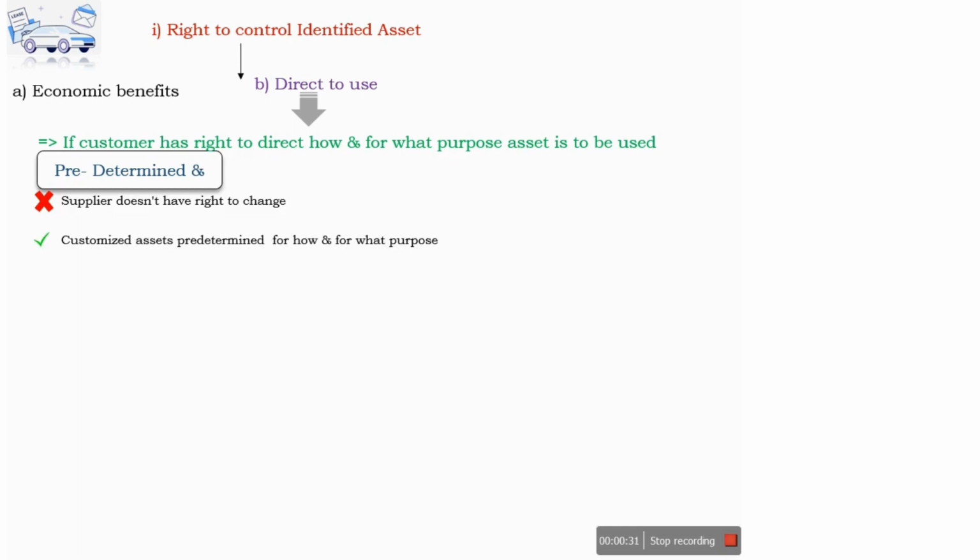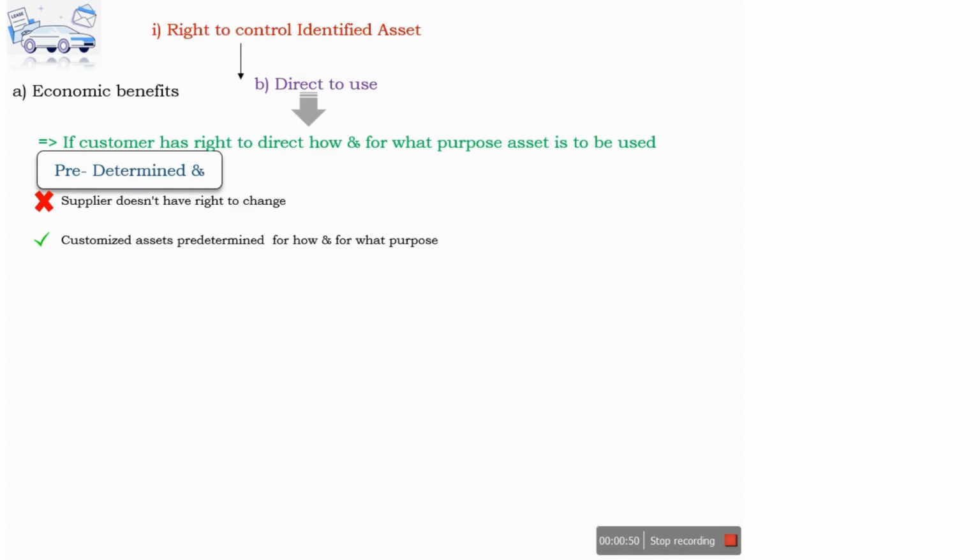Another case may be a customized asset, predetermined and customized as per the requirement of the customer for how and what purpose the asset will be used. It will be considered that the customer has the right to direct the use.